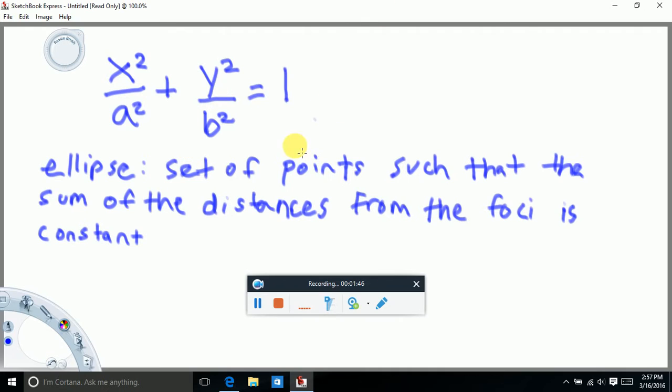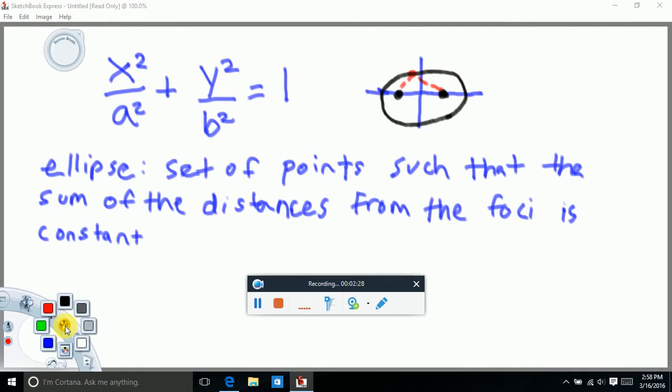Okay, so if we had an ellipse, and I change my color here. So we had a focus right here and a focus right here. If we drew the ellipse, if we picked a point, let's just say this point right here, this distance here and this distance here is the same as, let's just say if we had picked one over here.